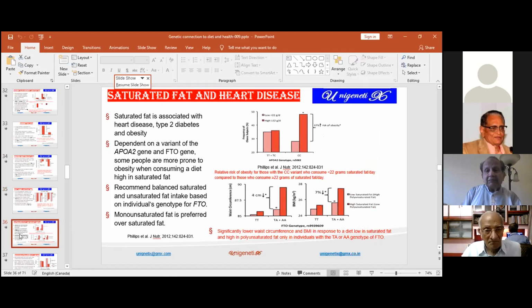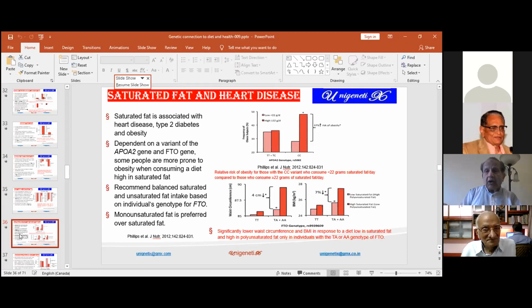This is a big thing. People say in England, the government spent millions and millions of pounds researching saturated fat and heart disease. And you know who they were investigating? They were investigating Indians in England, because of a high fat diet.